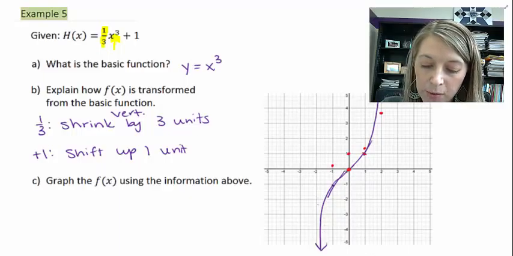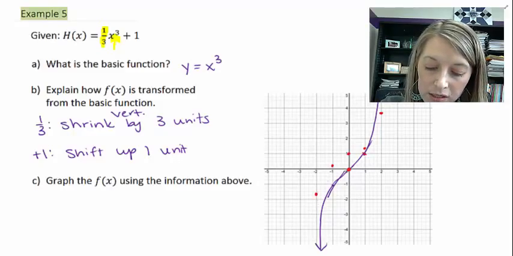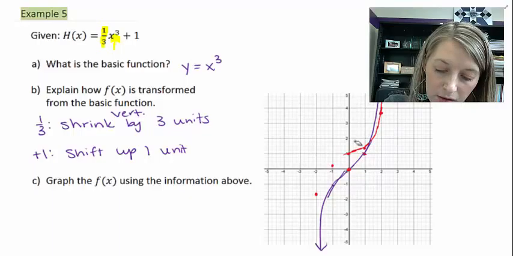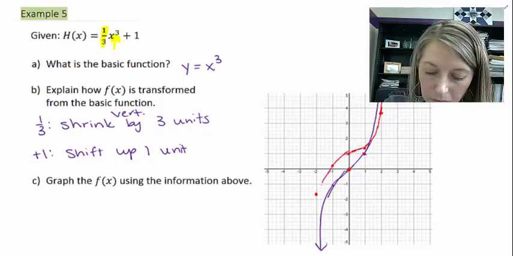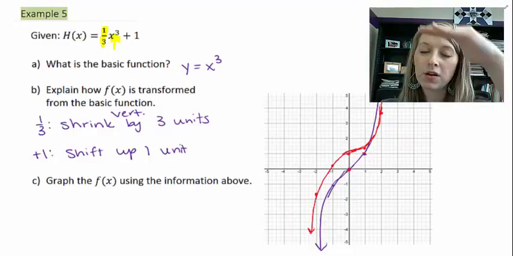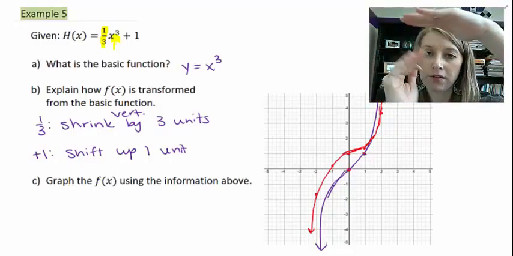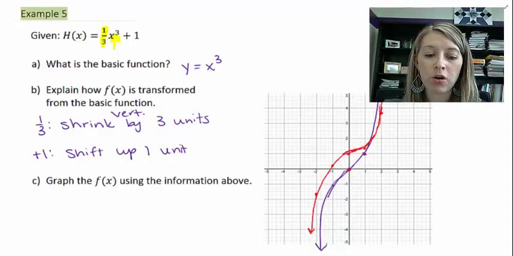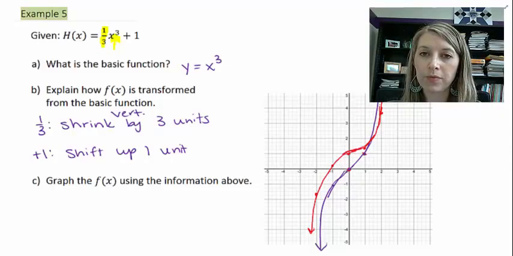And -8 gives me -2 2/3, shift up a unit. And so this gives me my graph. So the shift is pretty obvious, but also notice I smushed it vertically, like this. And you can always double check this by graphing it on the graphing calculator.